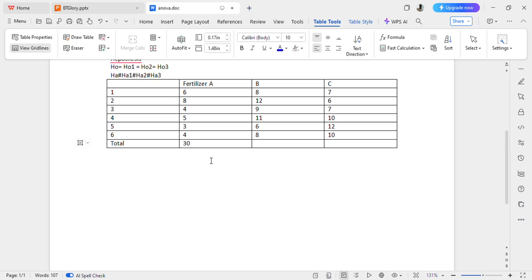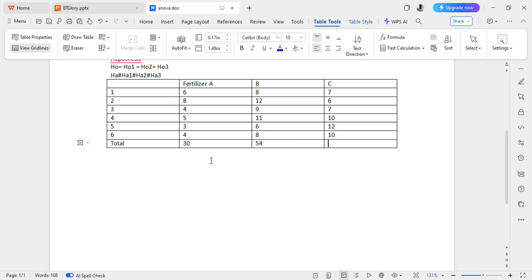And then for B, 8, 12 plus 9, 11 plus 6, 8. That gives you 54.